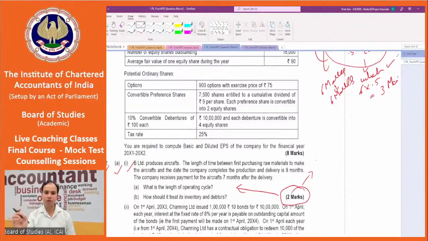You should not elaborate in so much detail, because this is only a 2 marks question. For example, what is the length of the operating cycle? You can directly say, operating cycle of the so and so company, 9 plus 7 months is equal to 16 months. You are not required to bring in the provision of Ind AS 1 here.